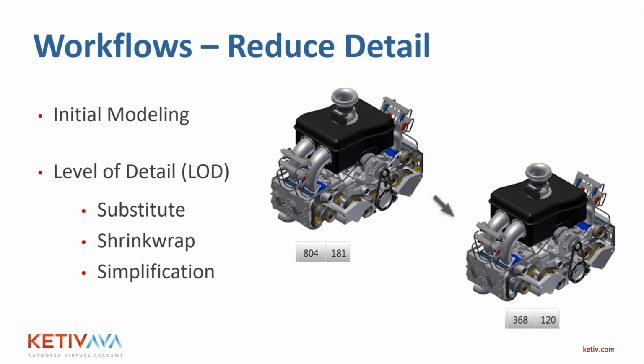You could substitute those to build the top assembly and reduce the part number count so that it's a little bit more manageable. You could also simplify some of those components, or shrink wrap them. So there's a number of ways to reduce that detail. And again, from a distance, you're not going to know the difference. Inventor will. You'll notice it when you go ahead and open up your files and work with them.